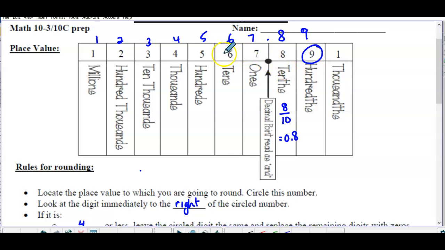Now, if I asked you to round, let's say to the nearest 100, then I would look to the right, it's a 6, that's 5 or greater, so this has to go up 1, so that would be a 6, and then I have to fill in with zeros till the decimal point. Because if it didn't, then it would be a much smaller number.